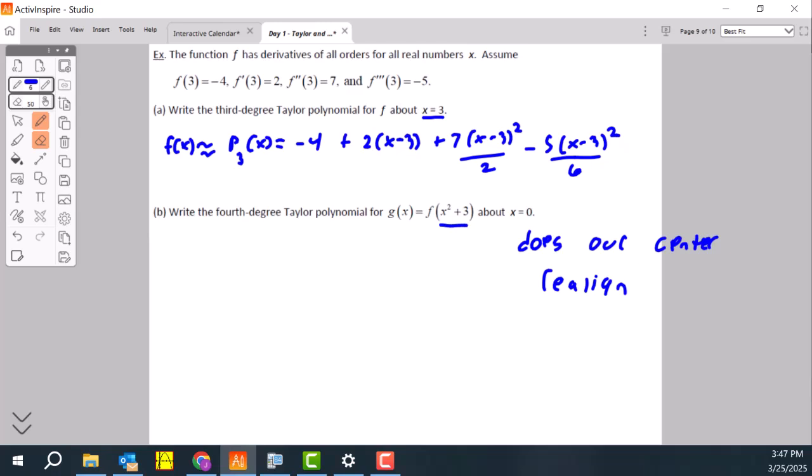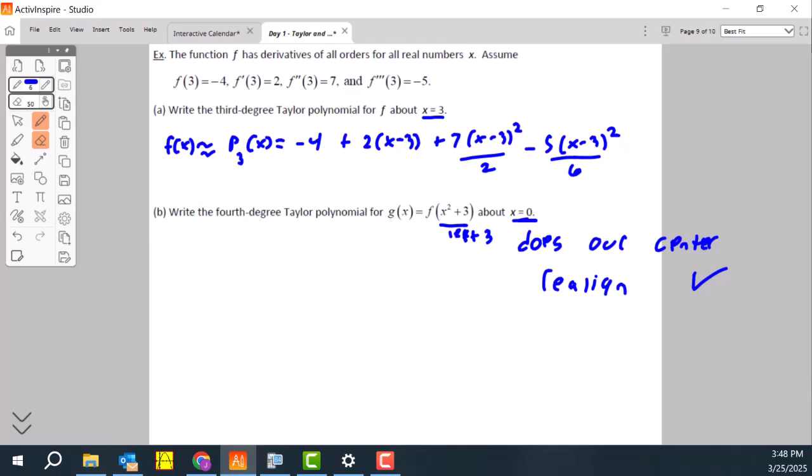If you think back to pre-calculus or algebra 2, if you added a number inside the parentheses, that shifted the function to the left. So that means our center needs to be shifted to the left the same amount. Well, previously we were centered at 3. We're shifting to the left 3, which means our center should be at 0 now, which it is. So yes, our center realigns.